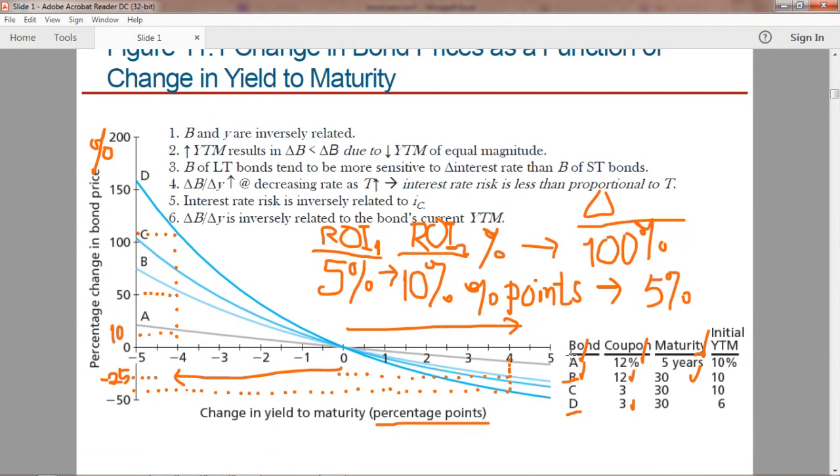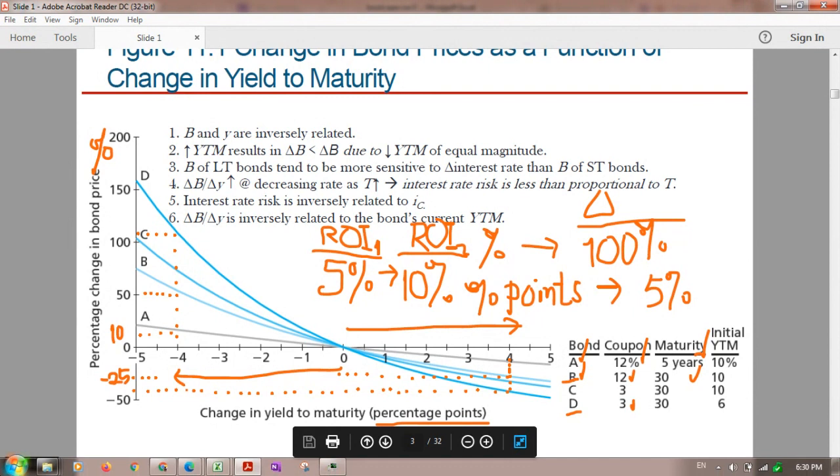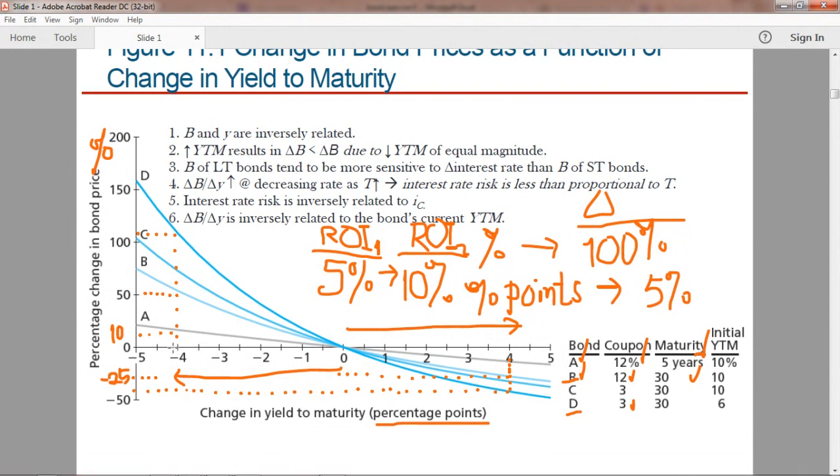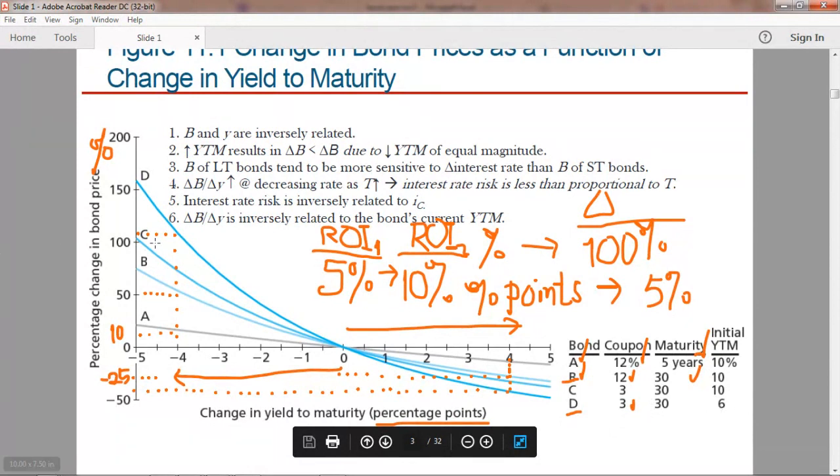But other than bond A, all the other bonds show a very severe asymmetry, and the curvature or convexity is more and more pronounced as the maturity is higher, the coupon rate is lower, and the initial yield is low.